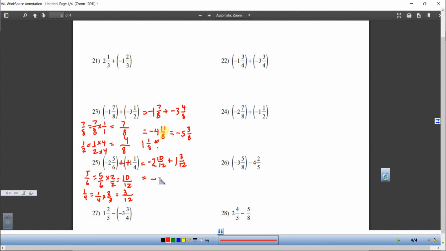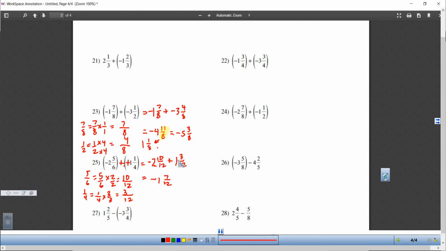We have more negatives, right? How many more negatives do we have? Well, 2 minus 1 is 1. So in the whole number part here, we had 1 more negative. And fortunately, this is smaller. If this was bigger, we would have run into some interesting fun stuff here. But 10 minus 3 is 7, right? So we get negative 1 7/12, okay?